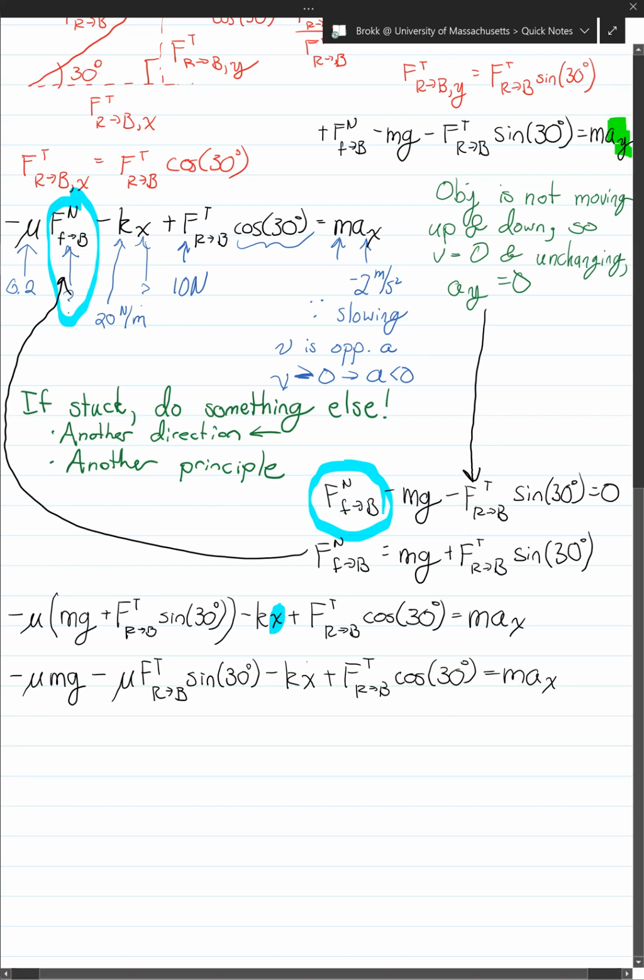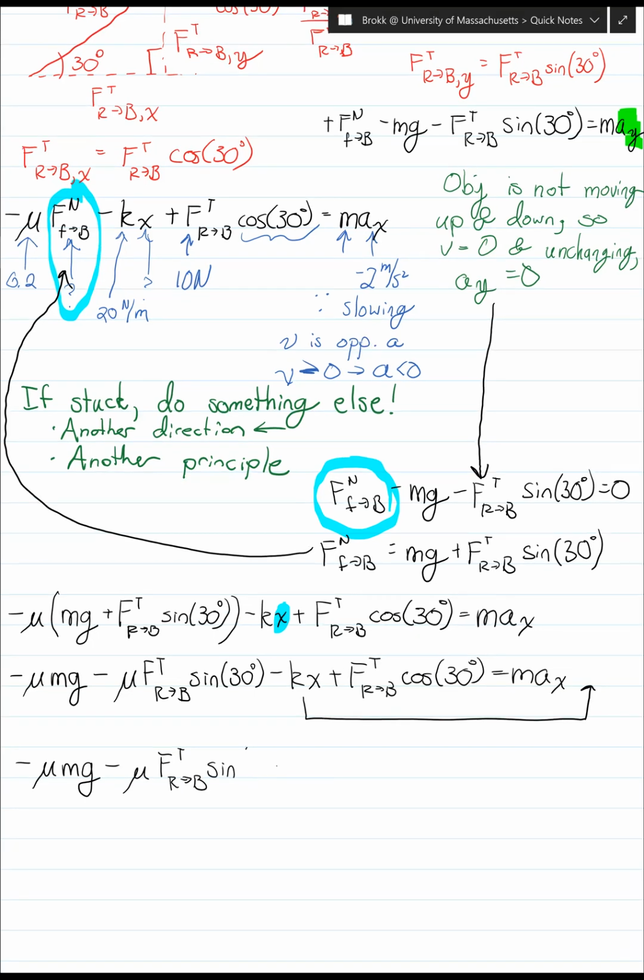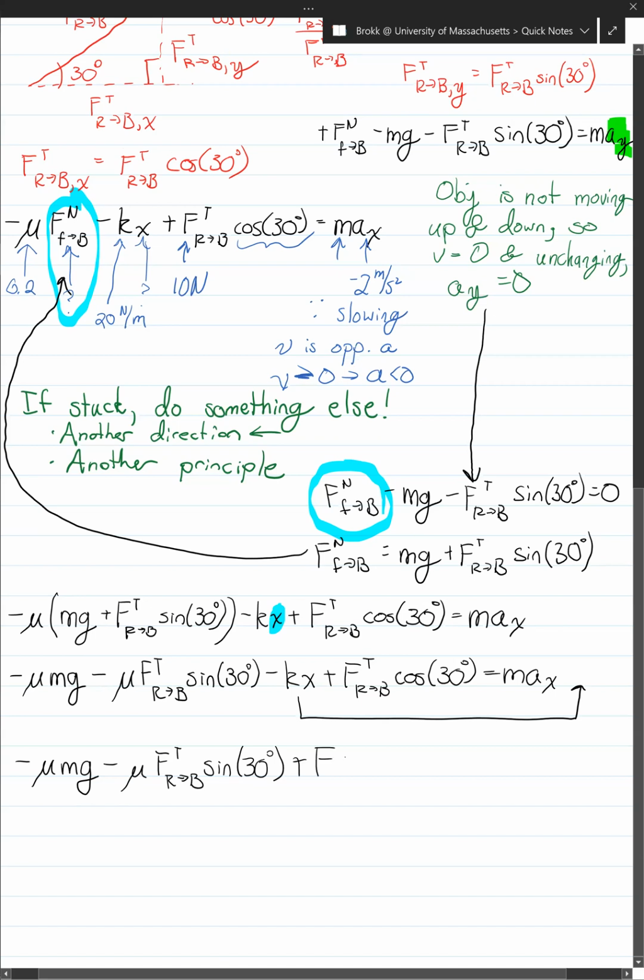I'm going to take the kx and move it to the other side, and then I'm going to take the m a_x and move it back across.